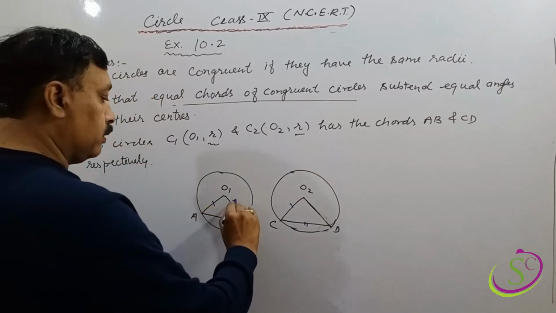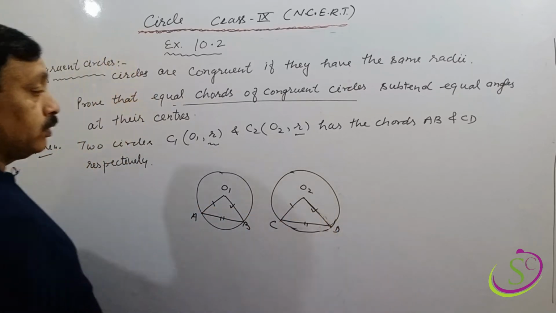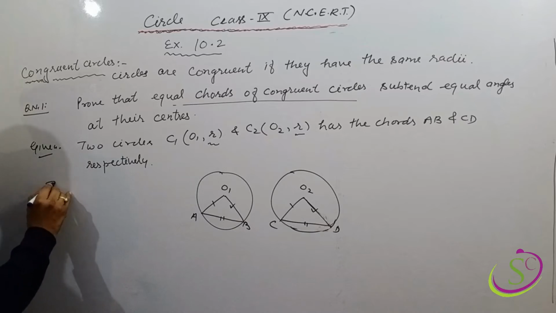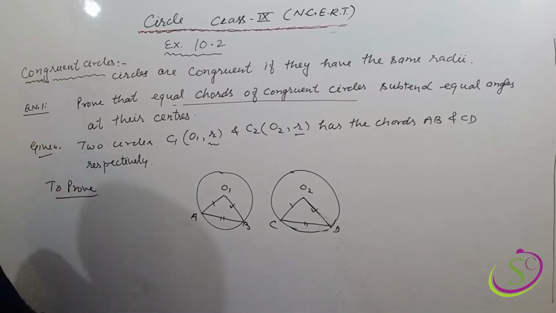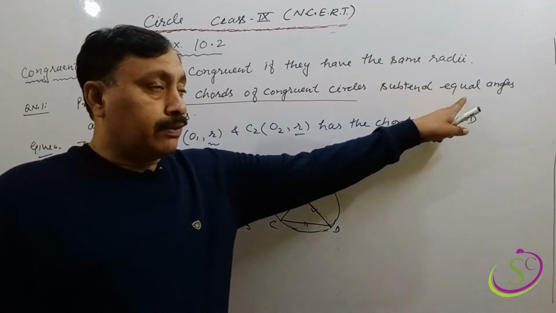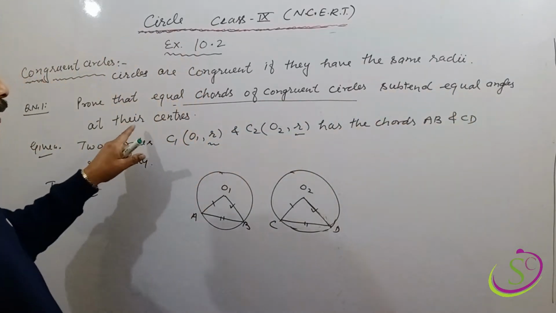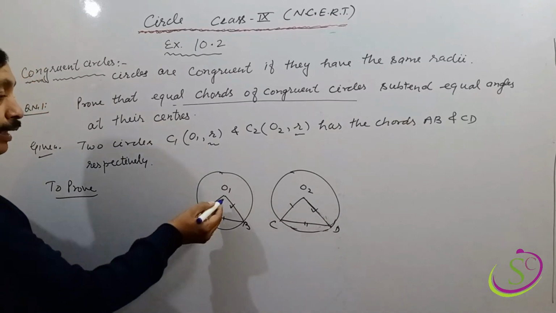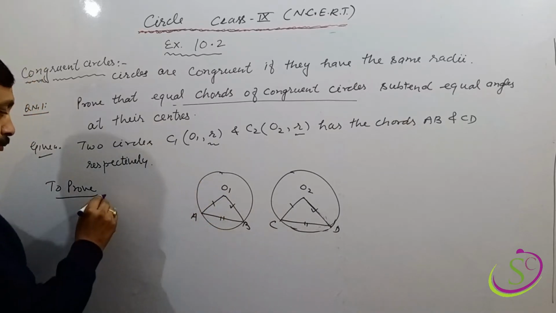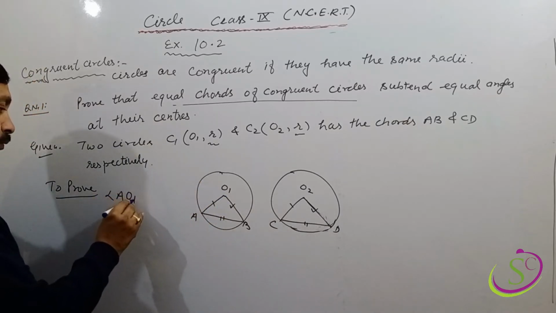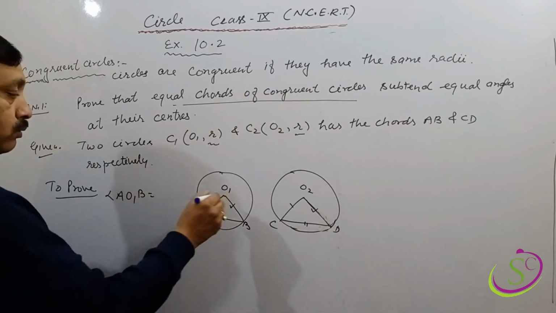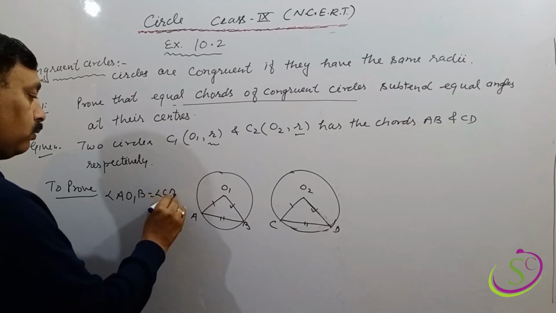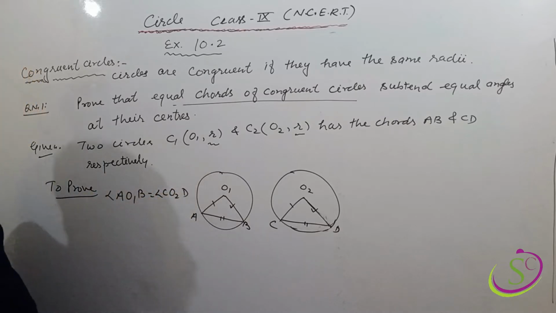So this is also equal, and we have to prove, again read the statement, subtend equal angles at their centers. Angle at the center of this circle means angle AO1B equal to angle CO2D. Clear?